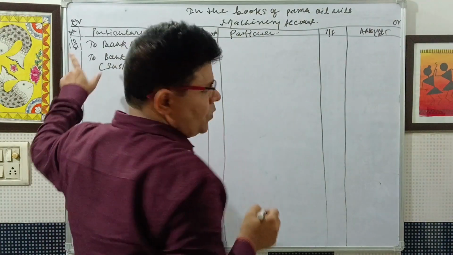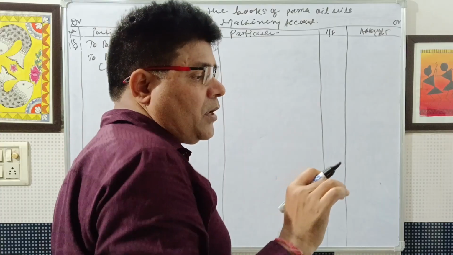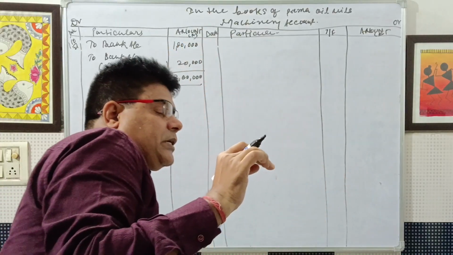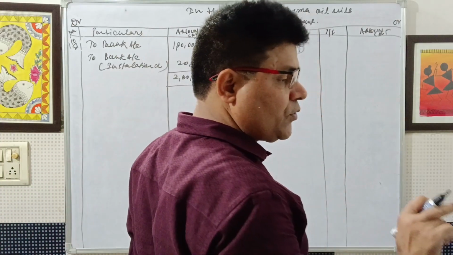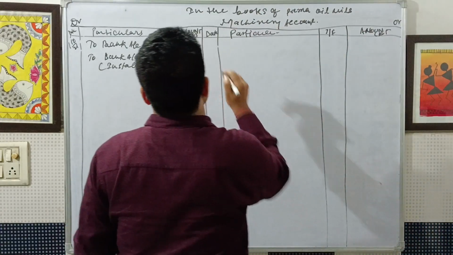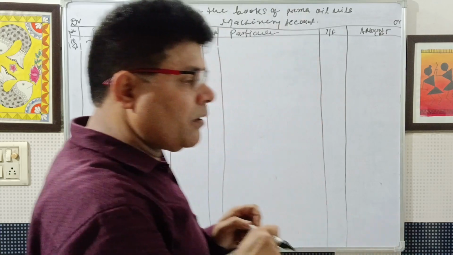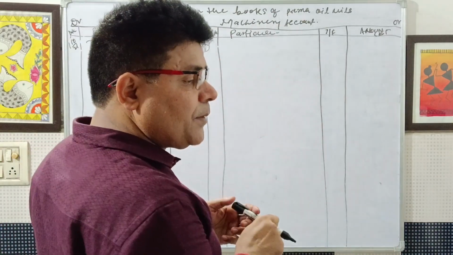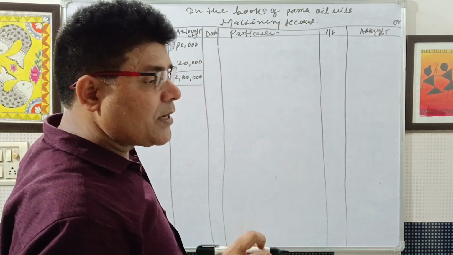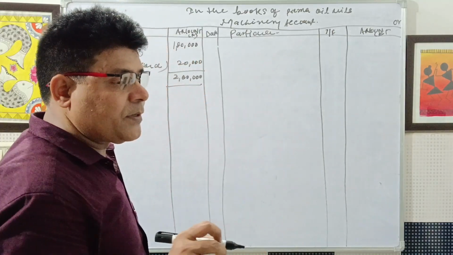Now depreciation. Every year, it means from 1st October 2021 to 31st March. In this question, on 30th September 2024 the machinery was discarded and sold for 1,40,000, with 4,000 of dismantling charges.